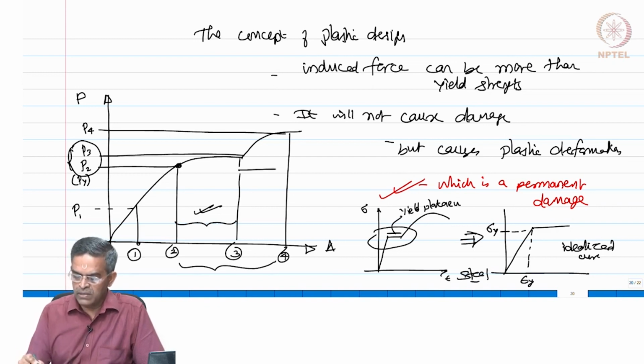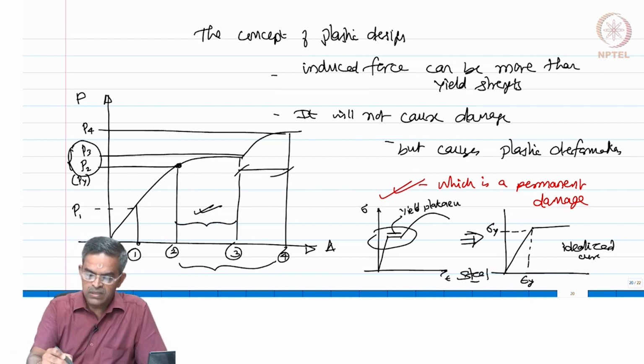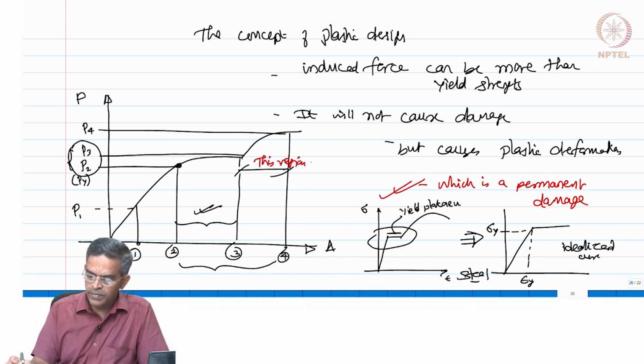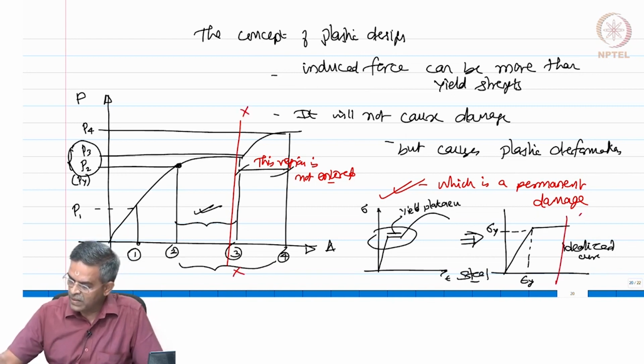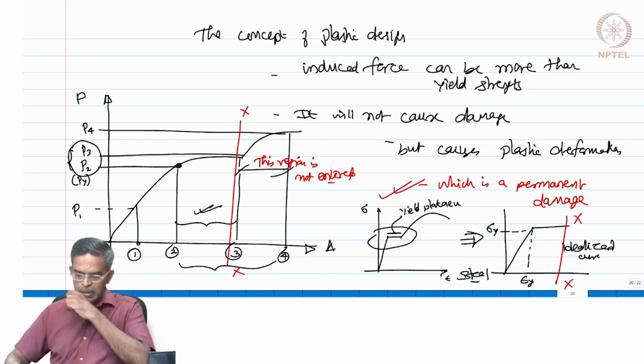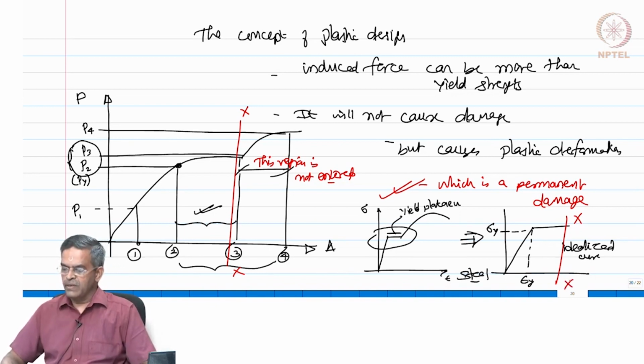Of course, we are not entering into this region at all. We are limiting till here. So if I say this is my XX line, the XX line is here. I am limiting till here.